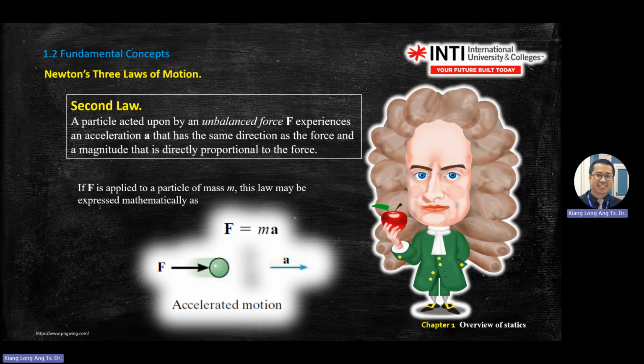Mass doesn't change. There is no change in mass in this module, no matter how the form is changed or deformation happens. If you do a tensile test or compression test, the mass is still the same. Don't go and change the mass. So F equals ma.